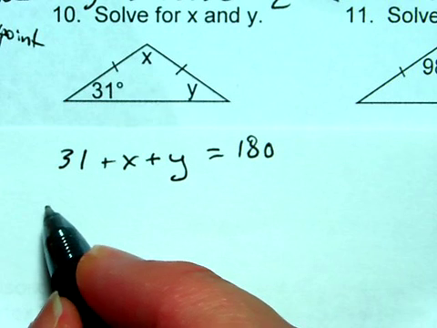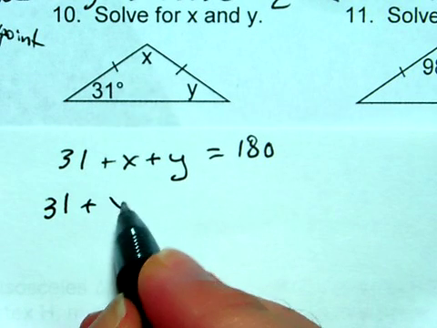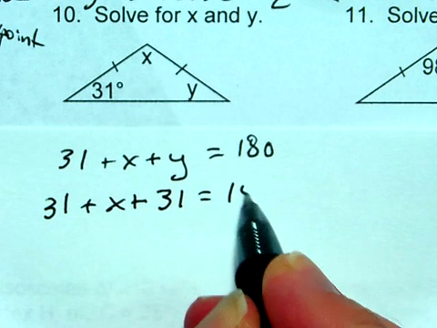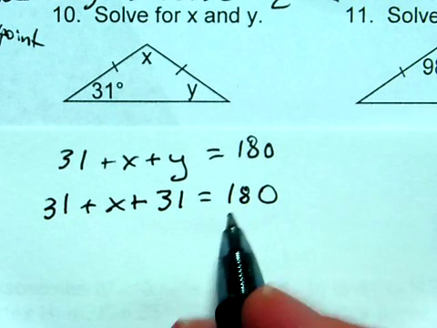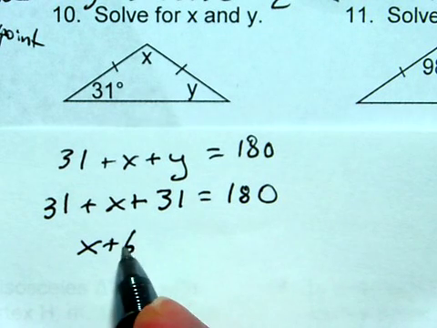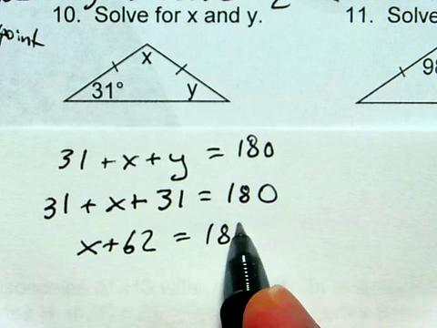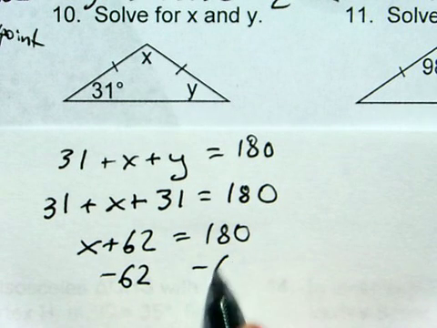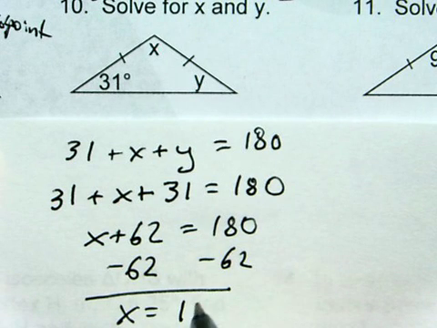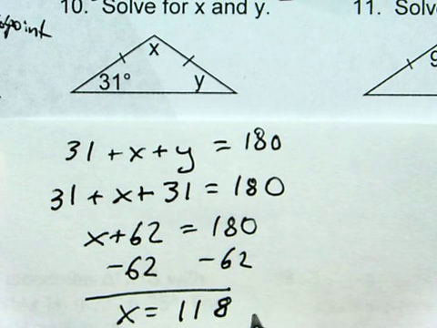Let's go back to our equation: 31 plus x, and now instead of y, we can put down 31. Now we can solve this. 31 plus 31 is 62. So x plus 62 is equal to 180. We subtract 62 from both sides, and we get x equals 118 degrees.